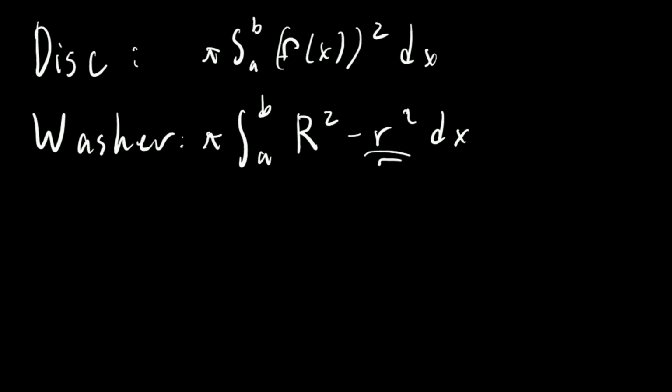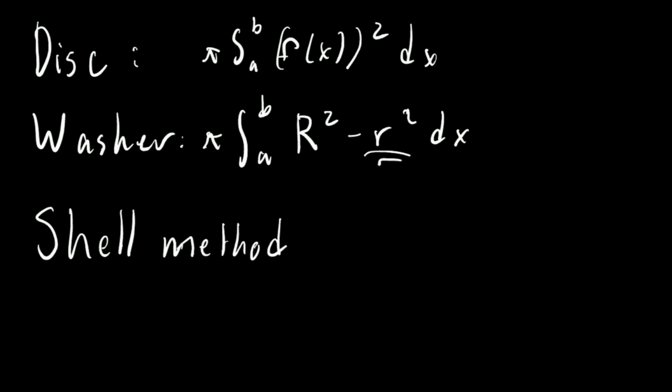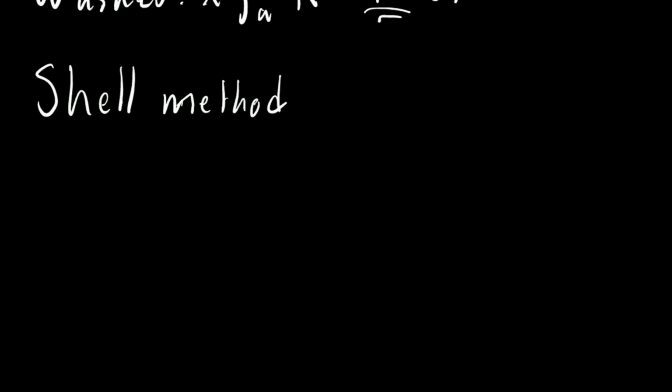So now we've got shell method, where instead of integrating perpendicular to the axis of rotation like we do in disk and washer method, in shell method we're integrating parallel to the axis of rotation.